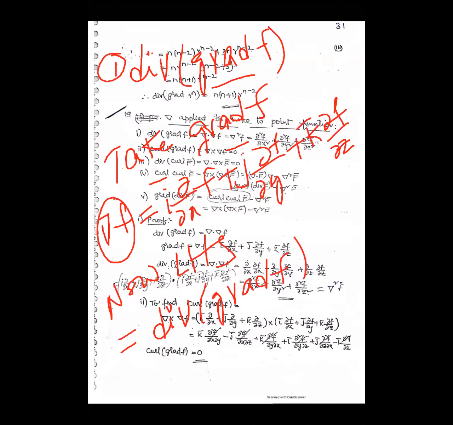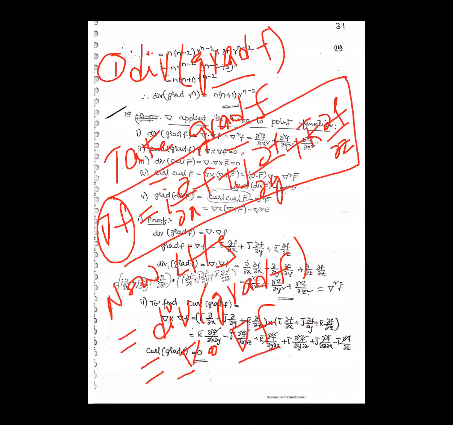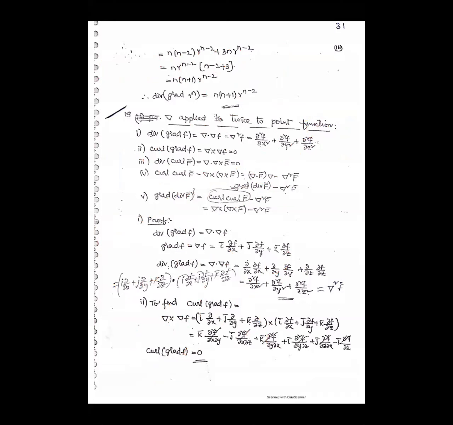Div is symbolically del dot, and grad is just del. So grad is only del, div means del dot. So del dot del f. We write the standard formula of del and the formula of del f, and between them the operation dot.